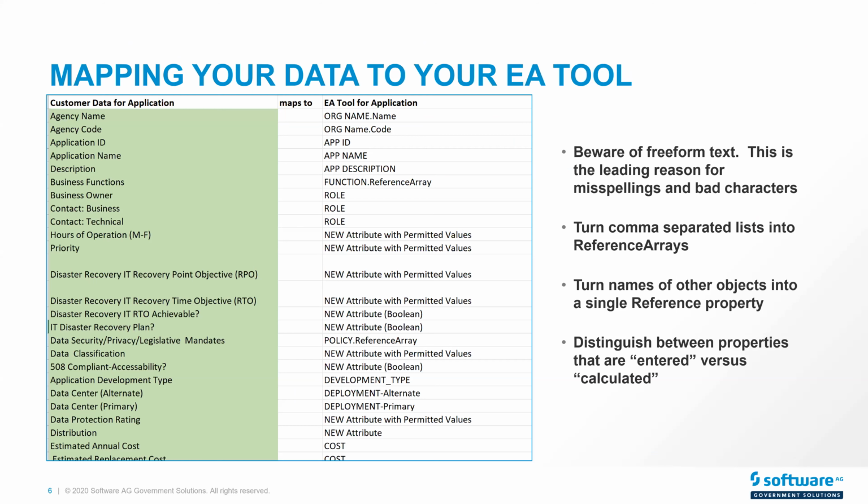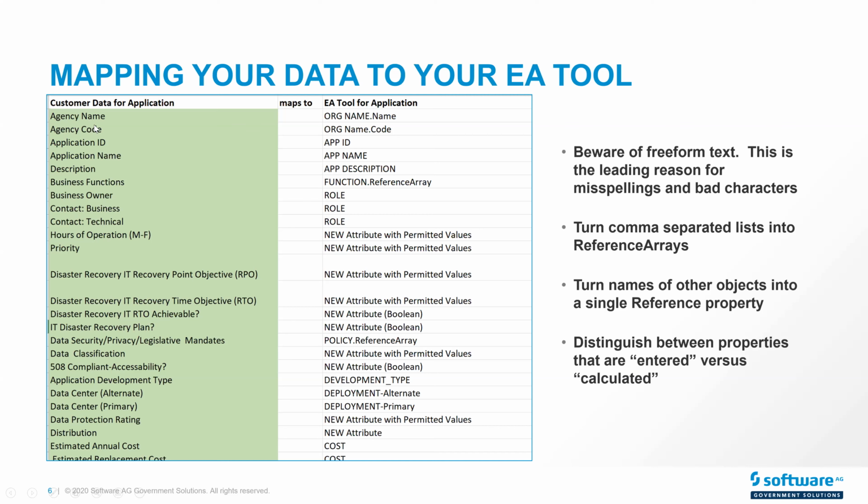So one of the things that I really want to spend just a couple of minutes on is mapping your data to your EA tool. Sometimes it seems like it should be so straightforward. It's like, if I get a sheet from a customer or an opportunity that says, here's the data that we keep about our applications.